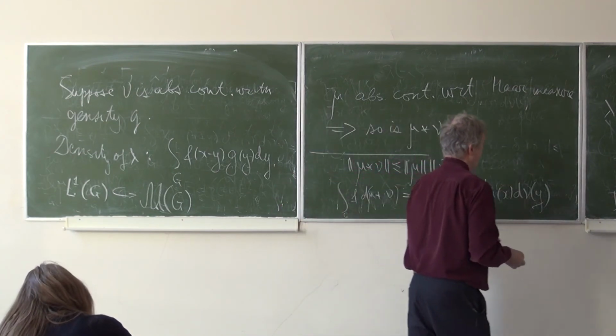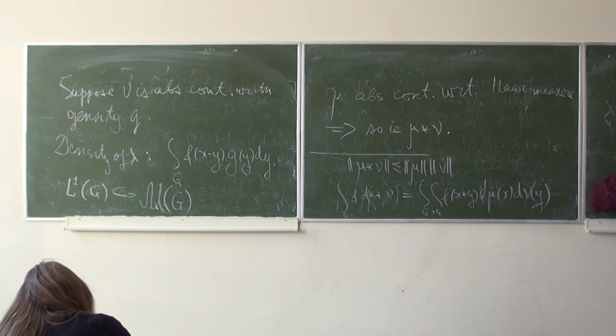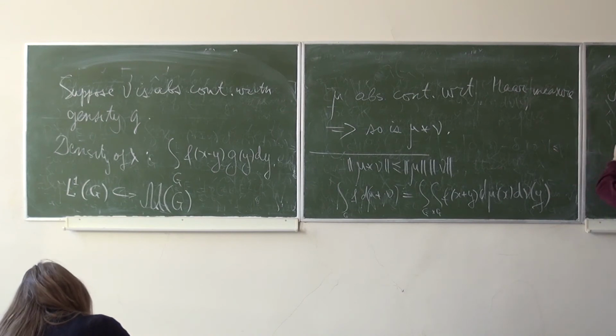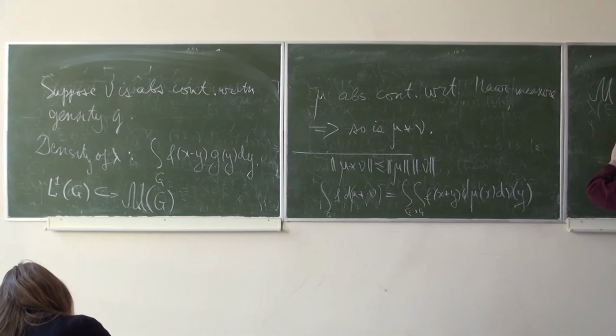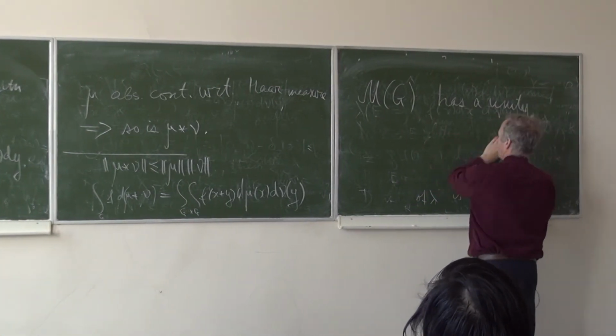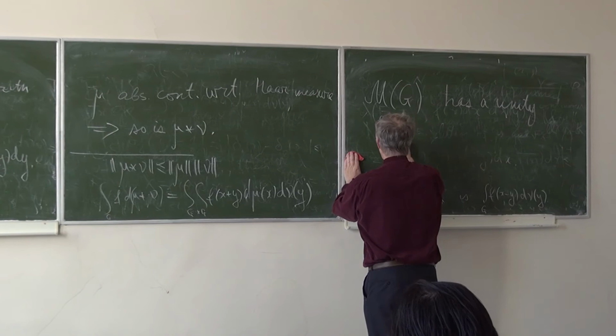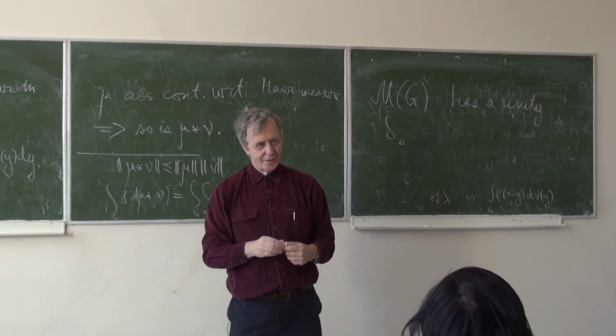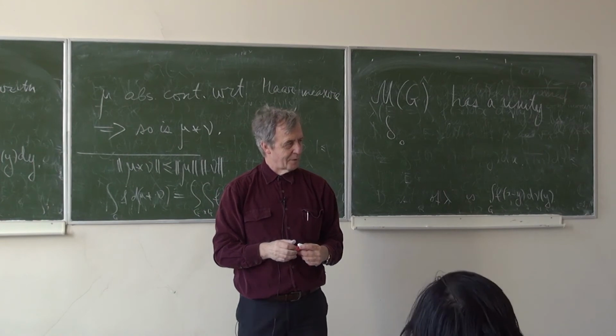Next, the algebra M of G has a unity, and this is the delta measure at 0. Should I explain why this is a unity?